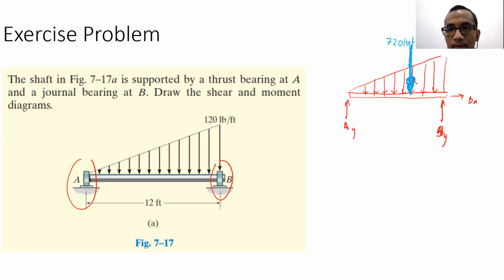Then we can calculate AY, BY, and BX. Sigma Fx equal to 0, so we have BX equal to 0.